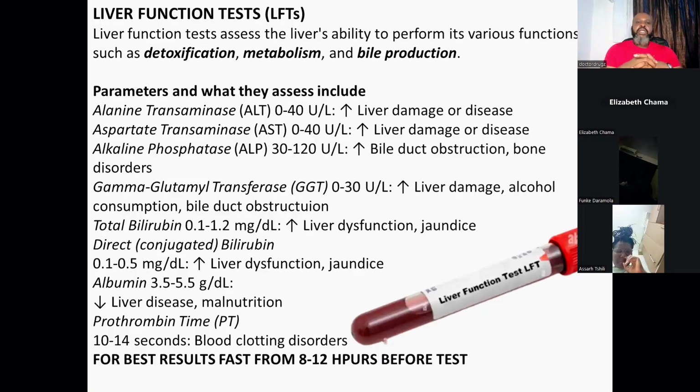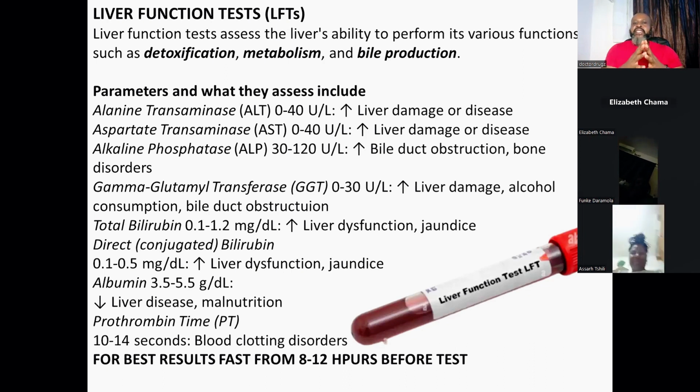Now, parameters and what they assess in regards to liver function tests include alanine transaminase, that is ALT. When it's high, it means there's liver damage or disease. AST high means there's liver damage or disease. ALP high means there could be bile duct obstruction or bone disorders.